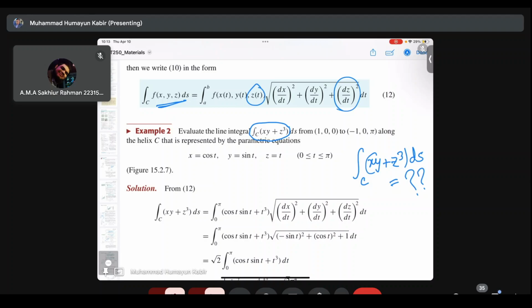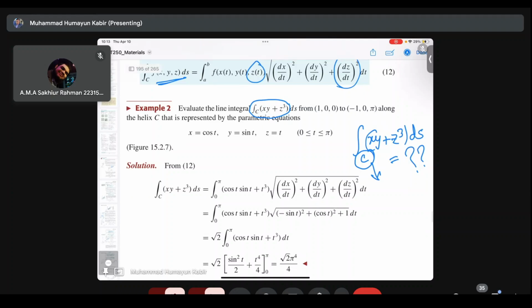What is the special treatment for such a type of line integral? When you are going to evaluate a line integral, you must be very careful about C. What is C here? Look at here. The C is mentioned here. The parametric equations are given.